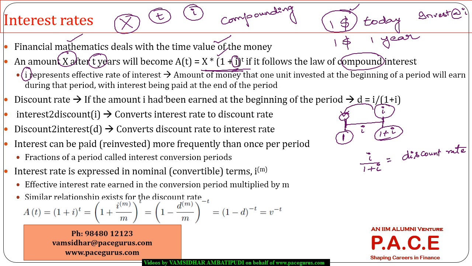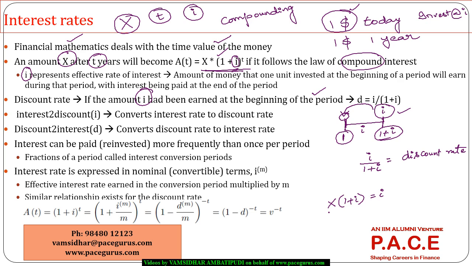Because i comes at the end of the period, I take some x such that x times (1 plus i) is equal to i.